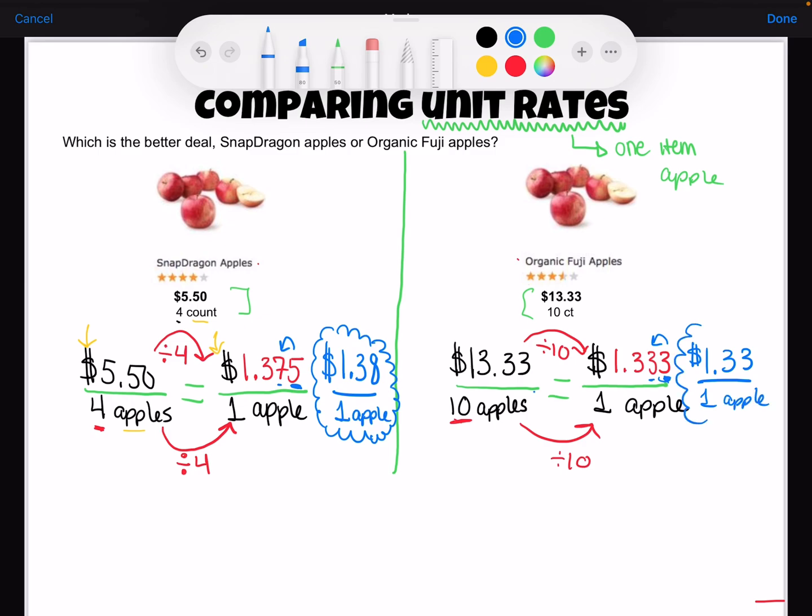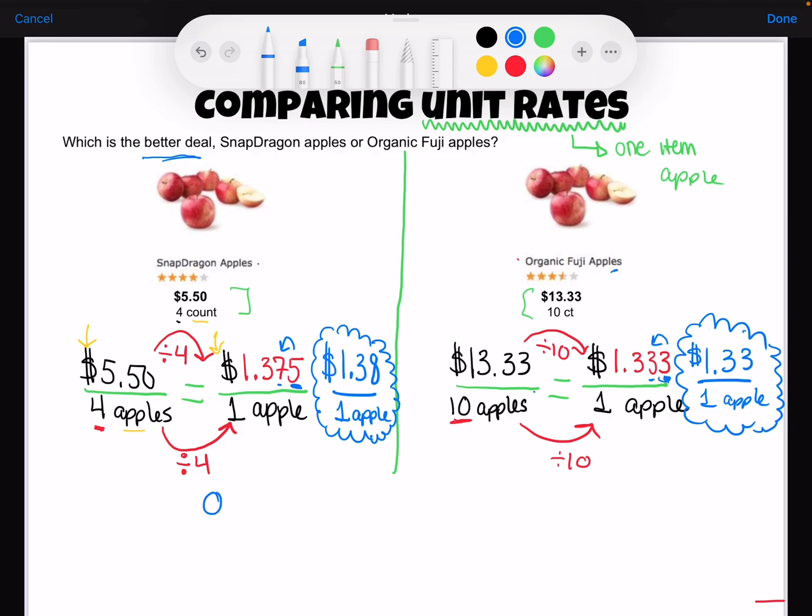Okay, and now I know how much each of these are per apple. And if I'm looking for the better deal, I'm looking for the cheaper one. So we have $1.38, we have $1.33. And in this case, the organic Fuji apples that are $1.33 are the better deal. So now the final thing I need to do is write an answer sentence.